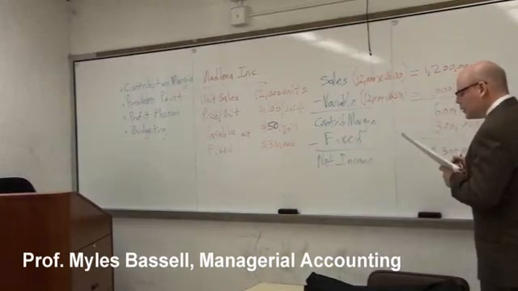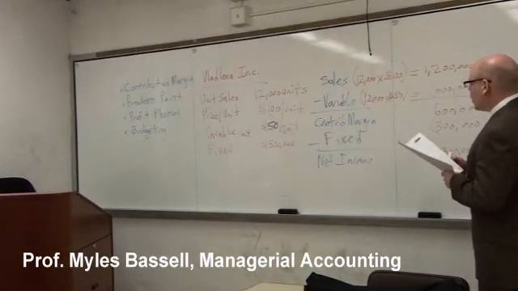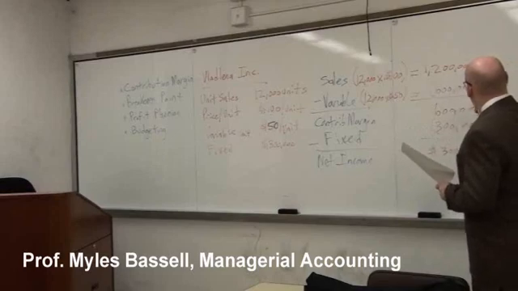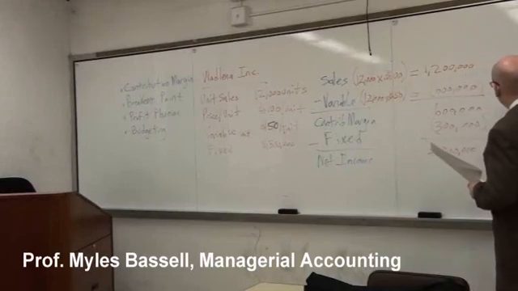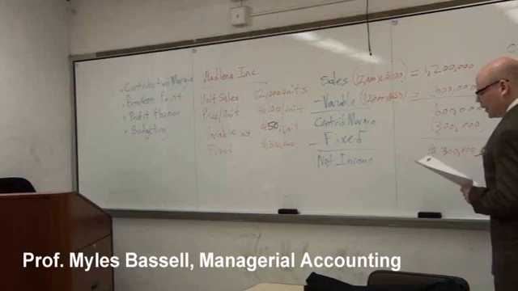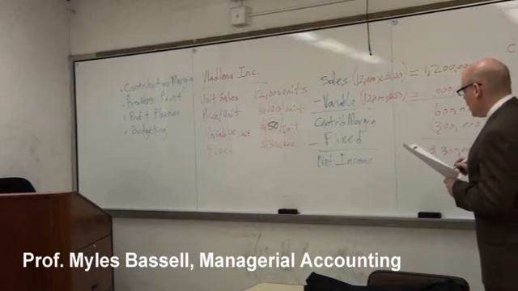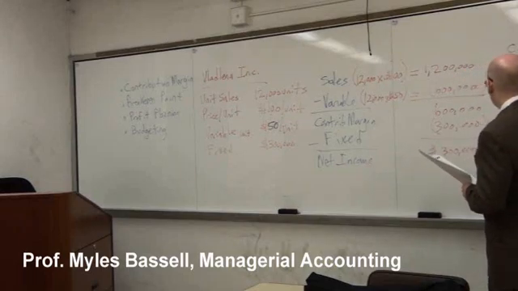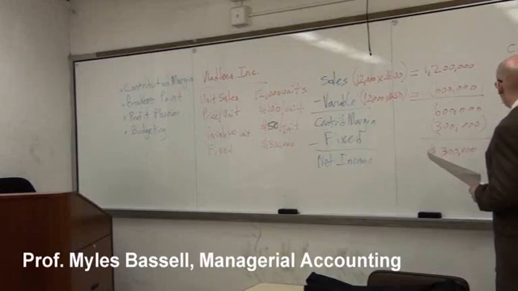If we're saying that there's a 10% increase in the contribution margin, so this is the change. So this is plus 60,000. And then it says a 20% increase in fixed cost, right? So that's also another 60,000.